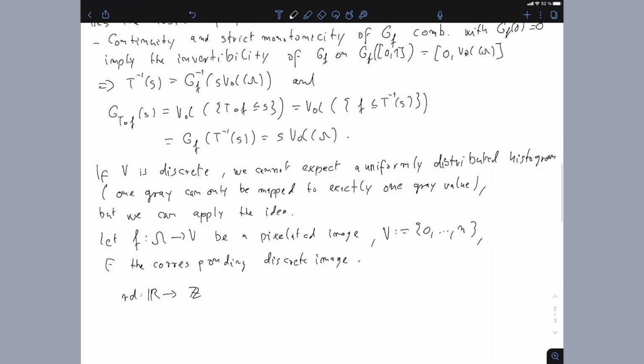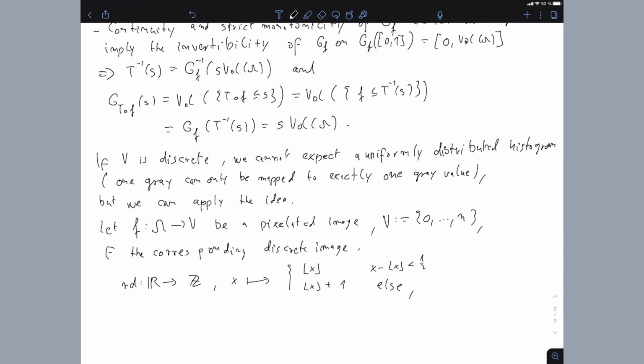So that means that x is mapped to floor x if x minus floor x is smaller than 1/2, and otherwise we are mapping to floor x plus 1.